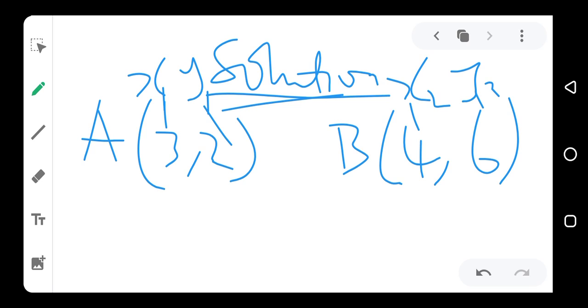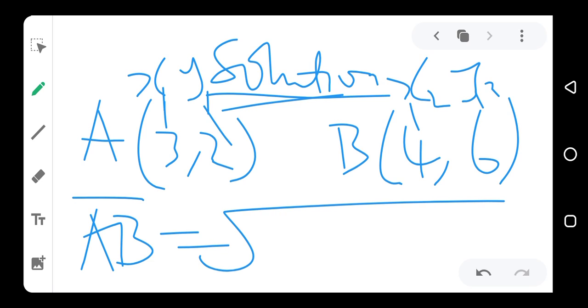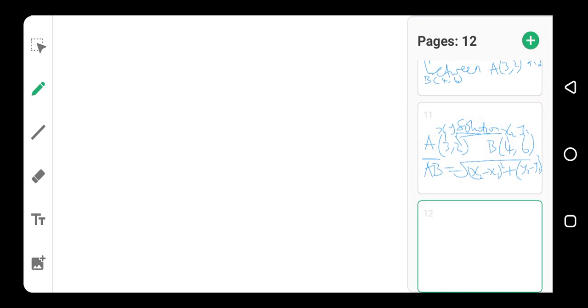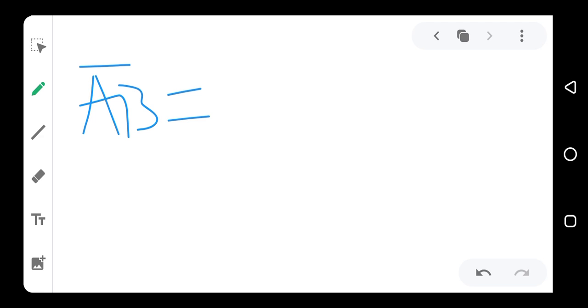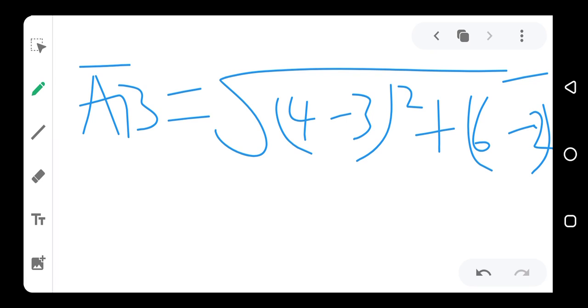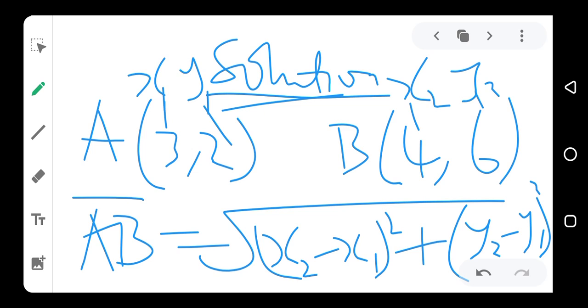So it now means that if we use our formula that line AB is equal to the root of x2 minus x1 squared plus y2 minus y1 squared, then we are going to have that line AB is equal to the root of x2, which is 4, minus 3 squared plus y2, which is 6, minus 2 squared.